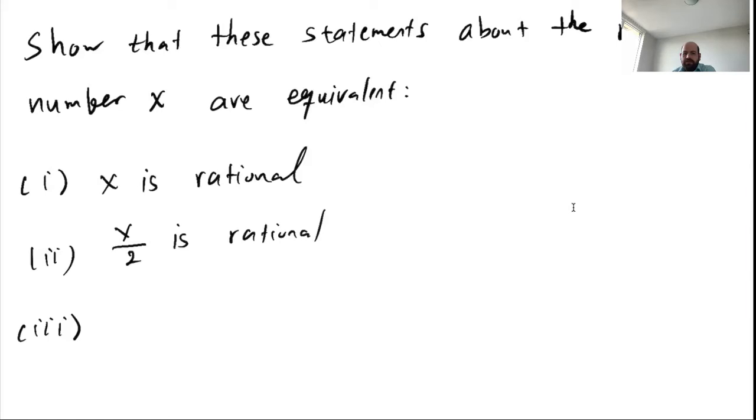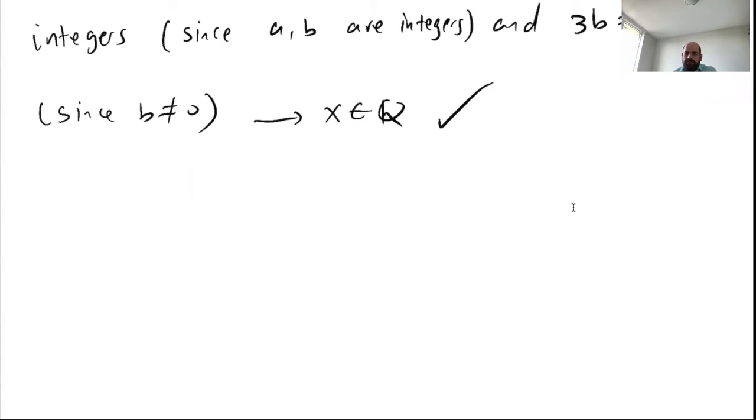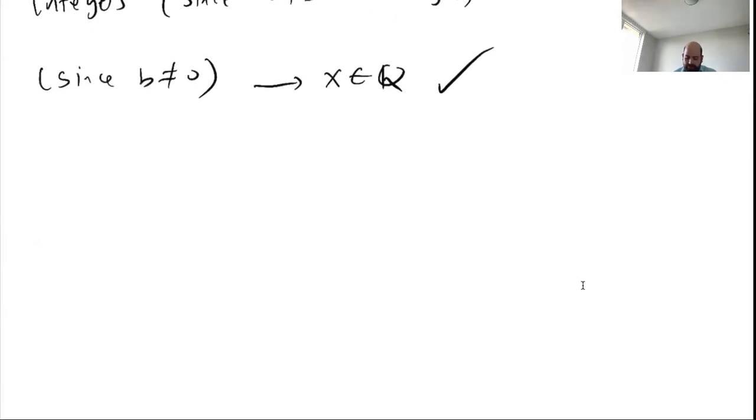All right, so the next topic we study is proof by cases.